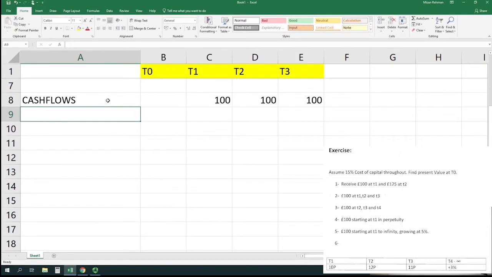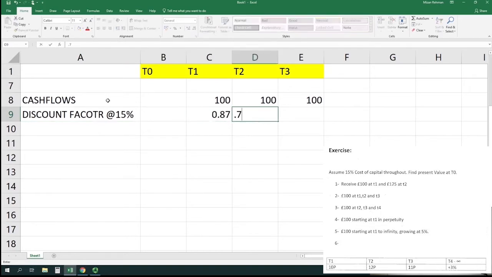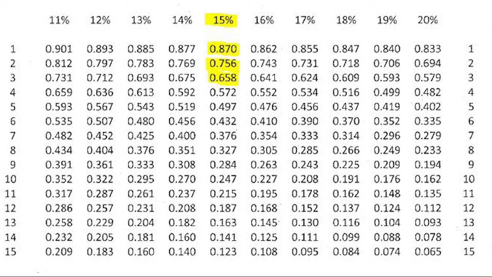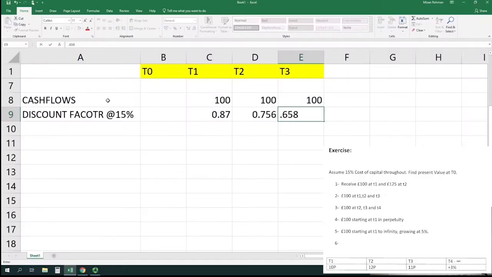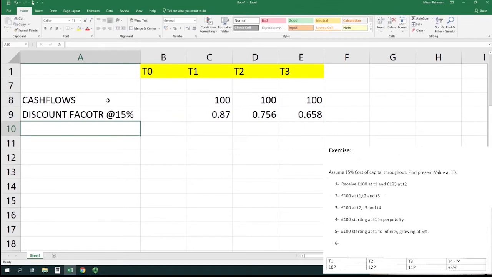To convert them into present value, we use discount factors at 15%. We've just used 0.870, 0.756, and then we look at year 3, 0.658, to get the present values.